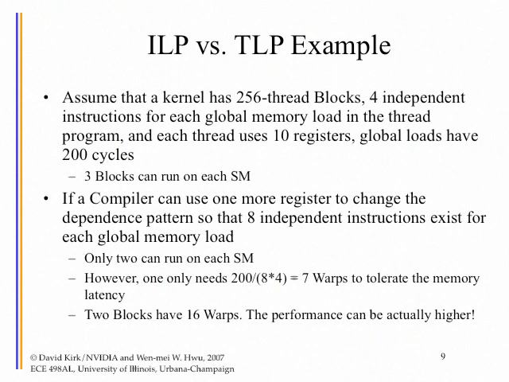And now you only need to have 7 warps in order to tolerate that memory latency, rather than the 13 that we had before. So the 7 warps is actually less than the 16 warps that you will have available from the 2 blocks. So this may even be sufficient to tolerate all the memory latency and fully utilize all the function units.